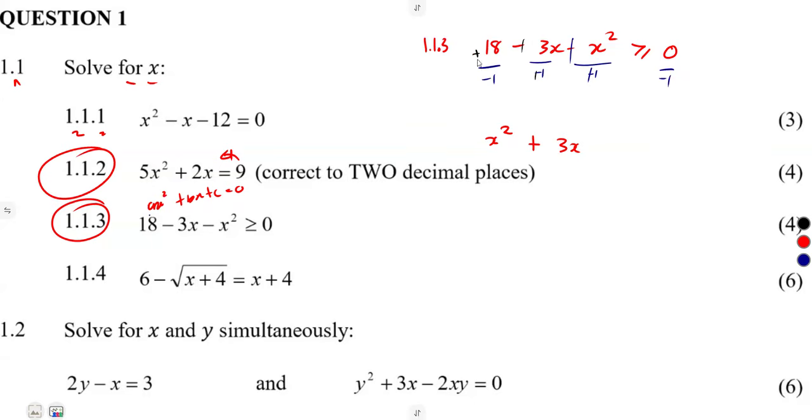And here, a positive and a negative is going to give us -18. But remember, this is an inequality. The moment you divide by a negative, the inequality sign changes, or it reverses. So it is going to be less than or equal to.